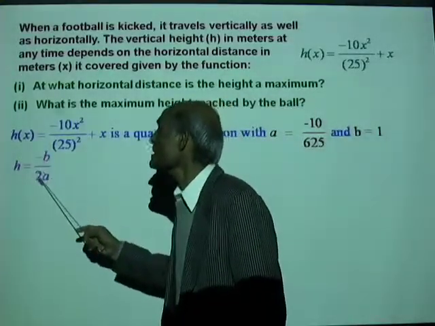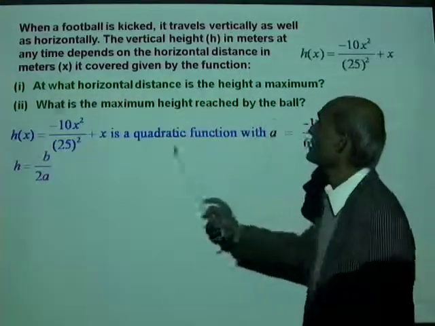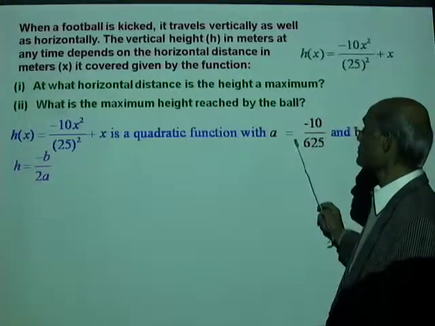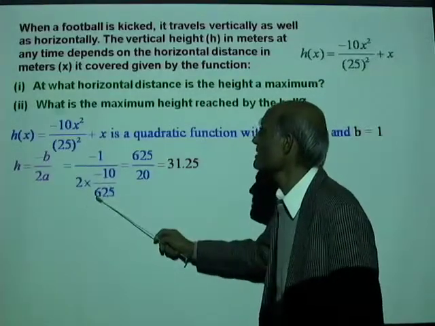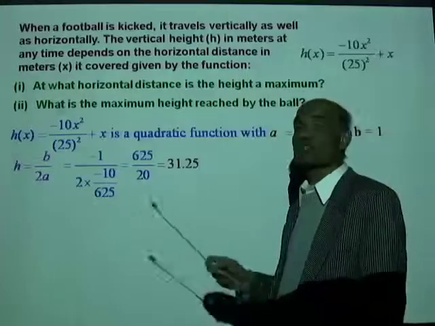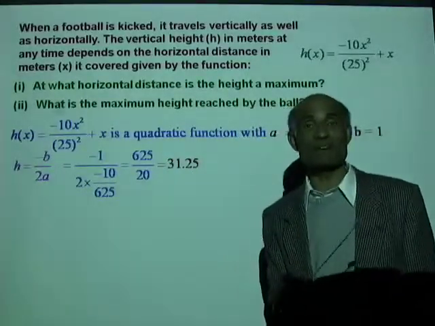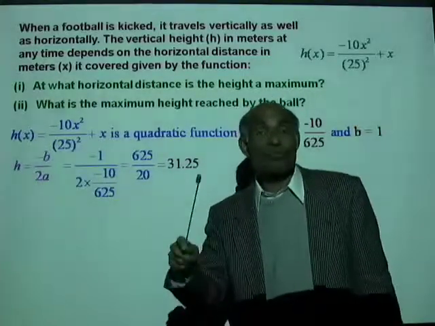The x value of the vertex is negative b over 2a. Negative b, b is 1, so that would be negative 1 divided by 2 times this quantity, that is 2 times negative 10 over 625. And that is 625 divided by 20, and that is 31.25. Now this is the x value of the vertex.